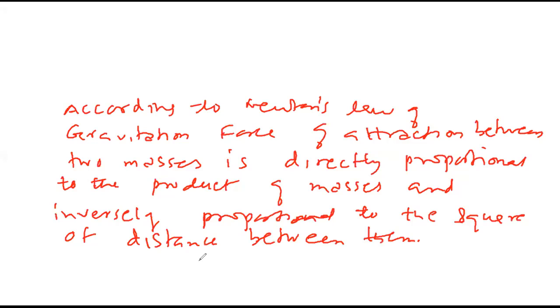Therefore, F is proportional to m1 m2 upon r square. So F is G m1 m2 upon r square.